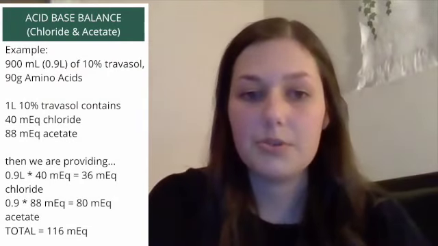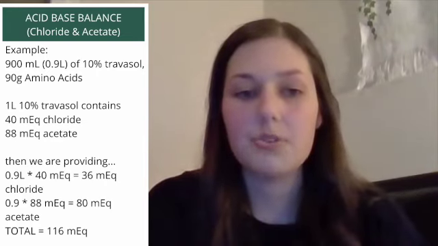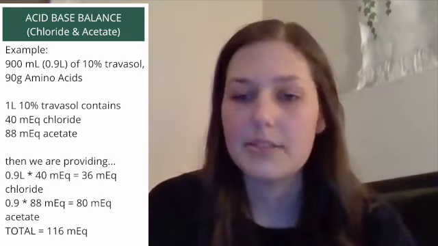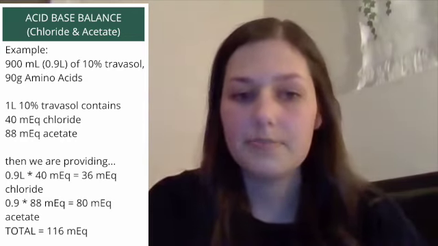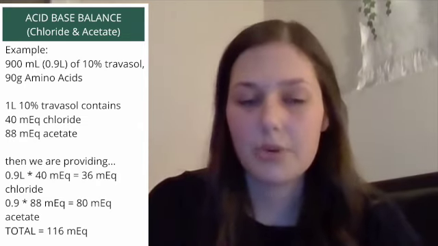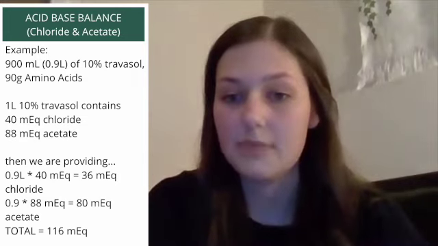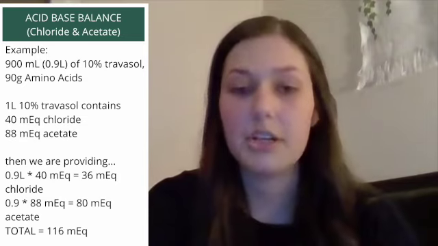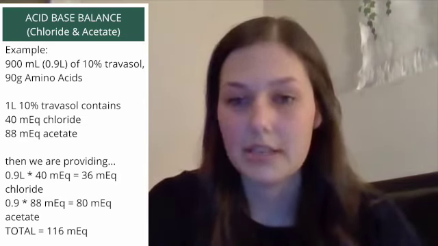I made up a solution and dosage of amino acids to use for this example going forward. So I'm going to say that we have a TPN, we're using 10% Travasol solution, and we're going to use 900 milliliters of it, or 90 grams of amino acids. If we're using 900 milliliters, and each liter has 40 milliequivalents of chloride and 88 milliequivalents of acetate, that means in our 900 milliliters, we have 36 milliequivalents of chloride and 80 milliequivalents of acetate.